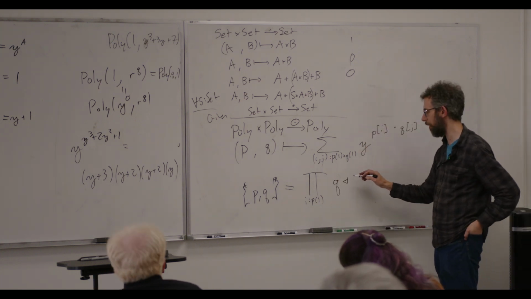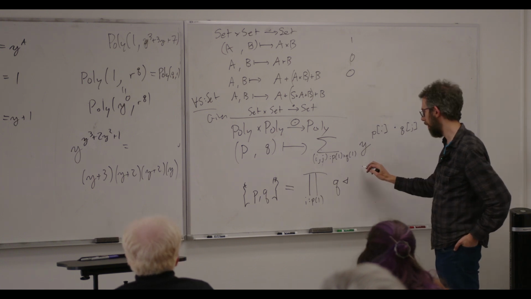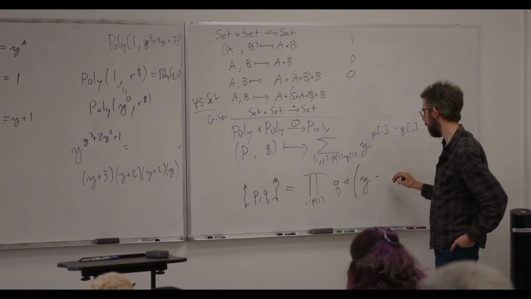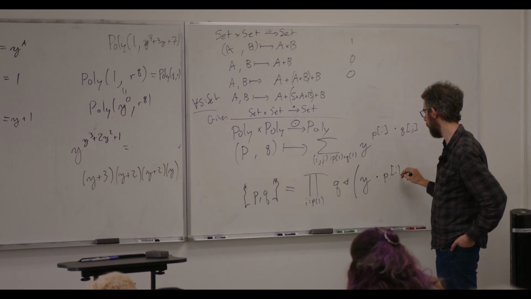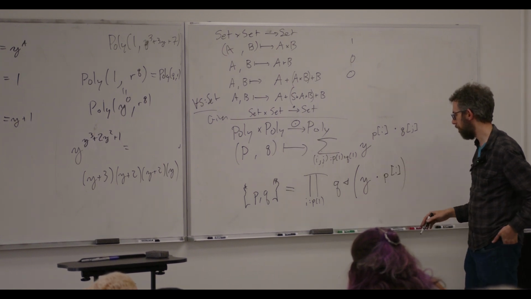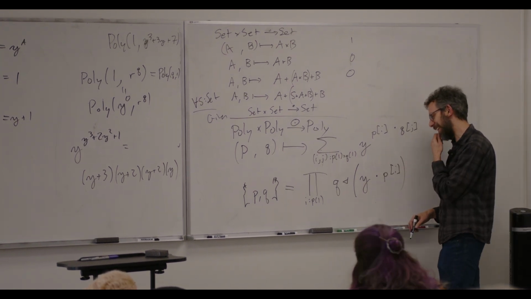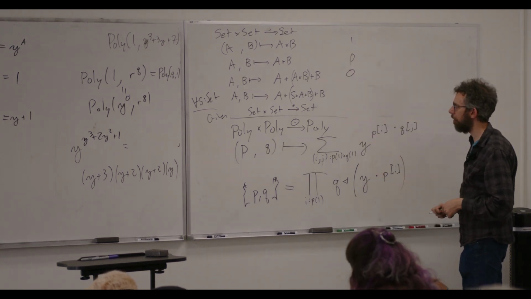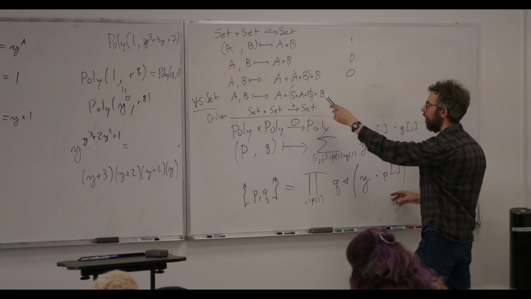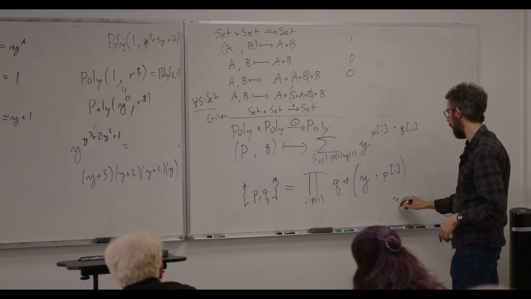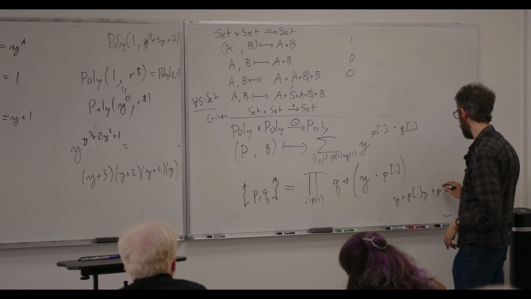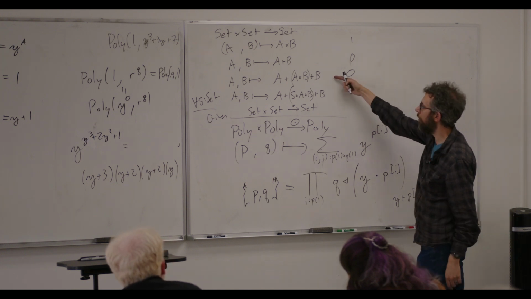So if you don't know what this means yet, sorry, you'll know tomorrow. Y dot P bracket I. And at least for all these, you will know exactly what this symbol means. So for this one, it would be like y plus pi, y plus pi for say this one.